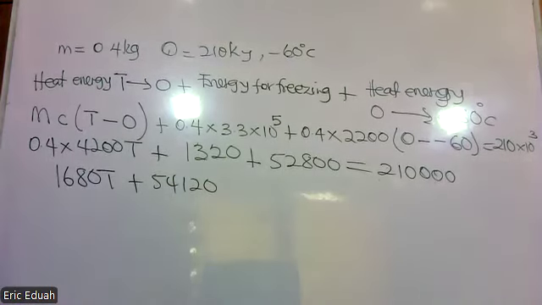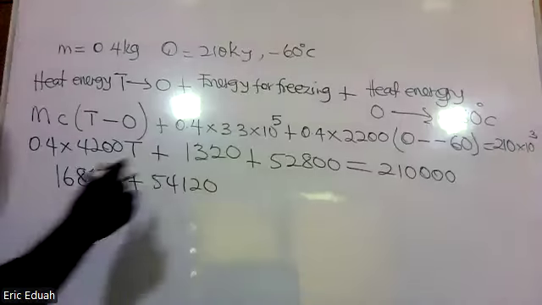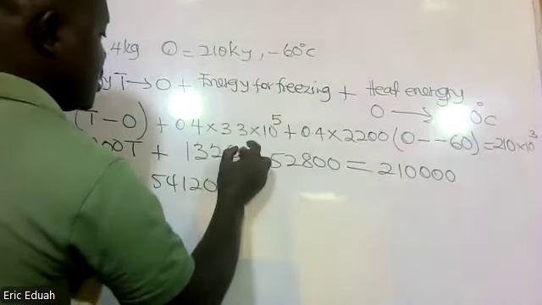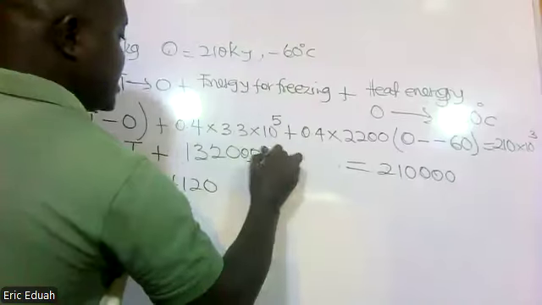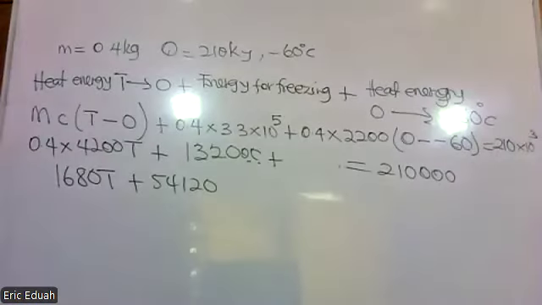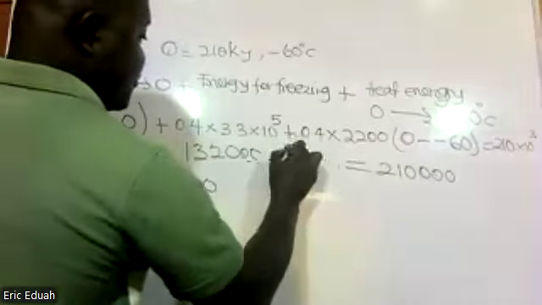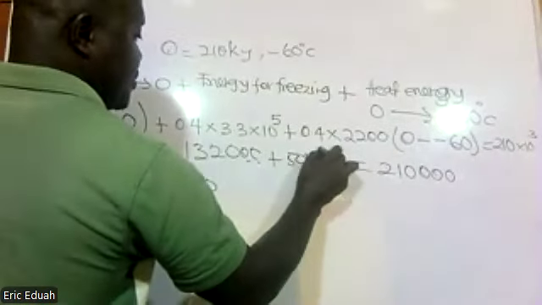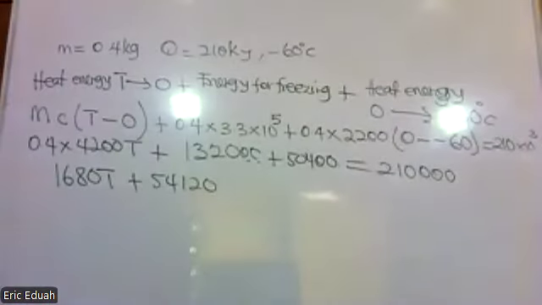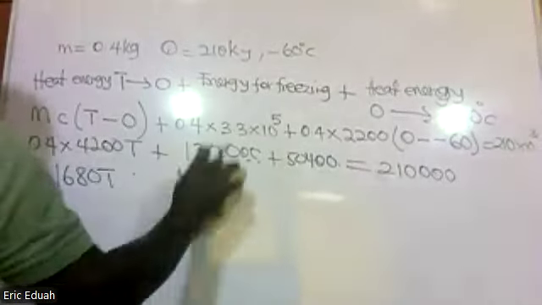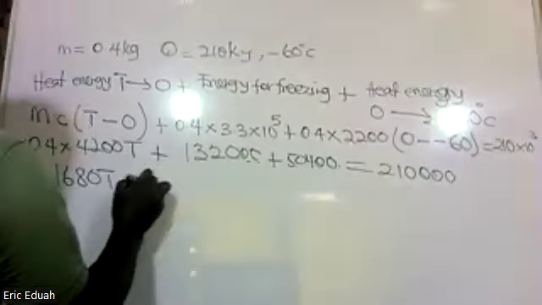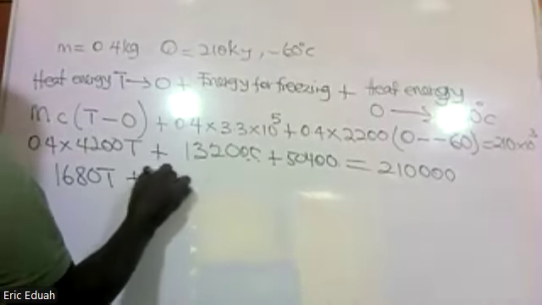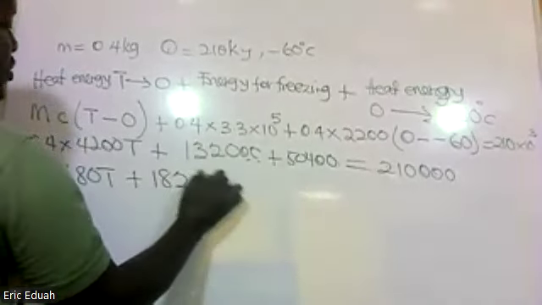So this is 132,000, plus then we have 5,400. When you total this and this, we have 182,400.